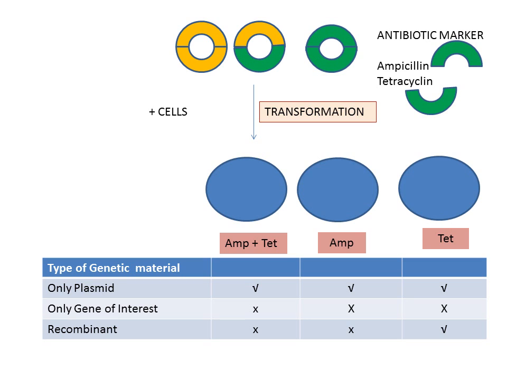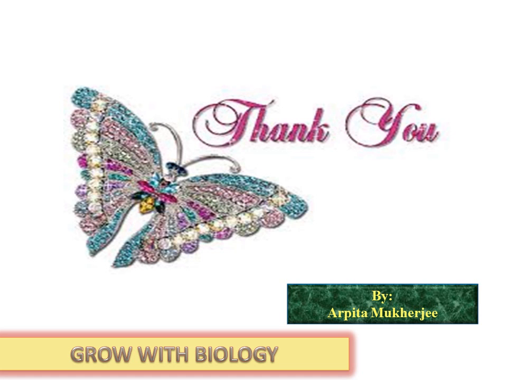In the second plate it has ampicillin, so it cannot survive. In the third plate it has tetracycline, so here it can survive. So if we do the screening of the cells, we will find that recombinant cells survive in this experiment only in the tetracycline plate. Thank you.